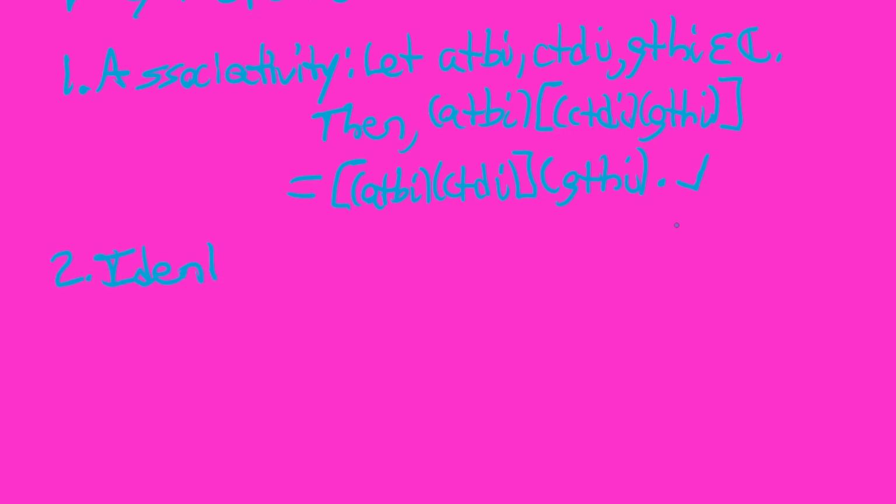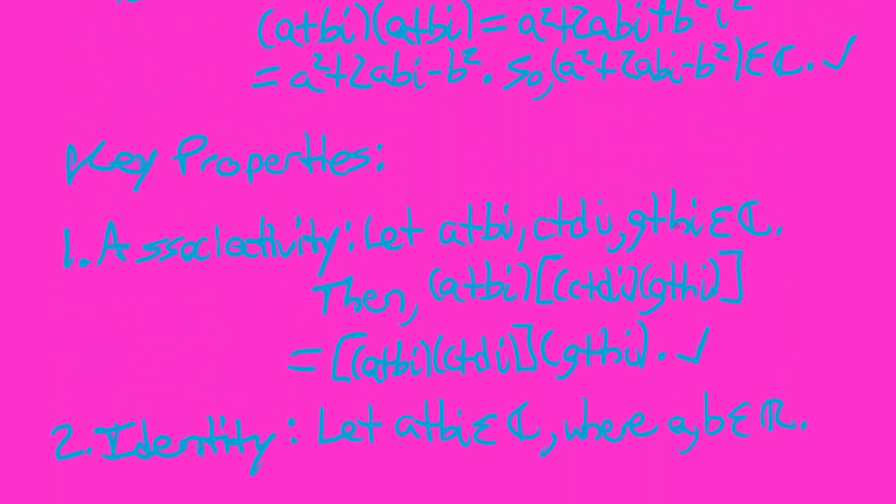Then identity. So let's let A plus BI be a complex number, where A and B are real numbers. And I should probably include that up here too, where A, B, C, D, G, H are real numbers.